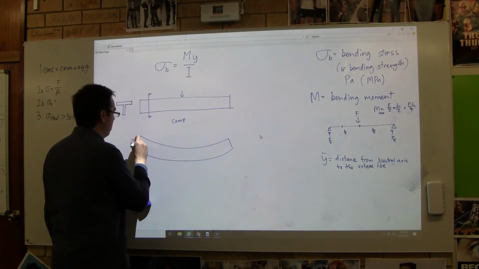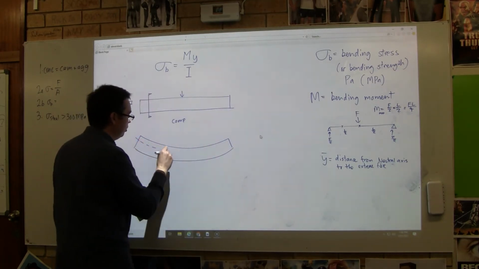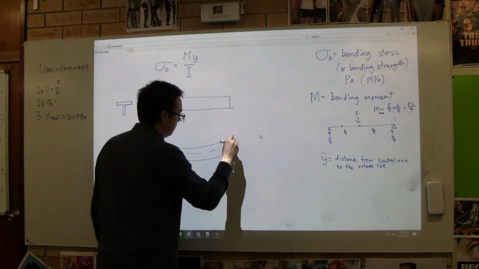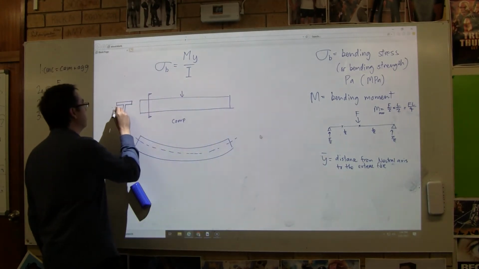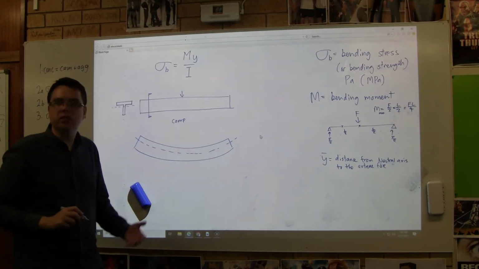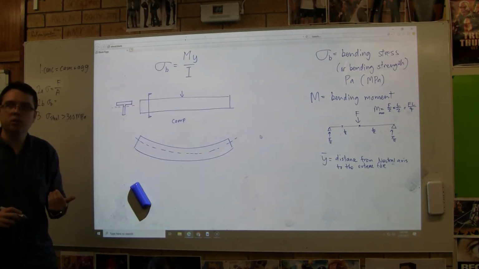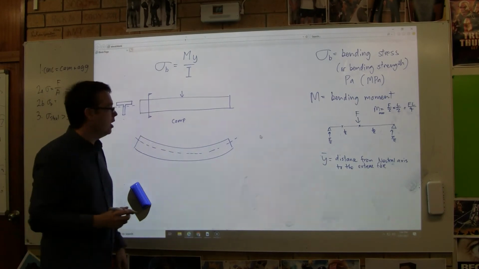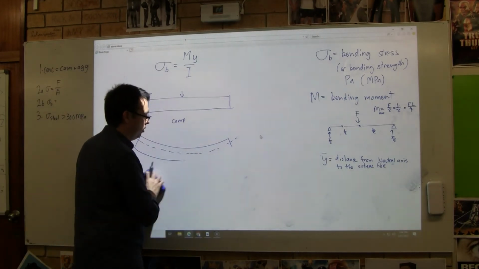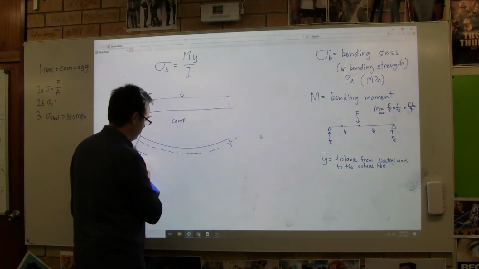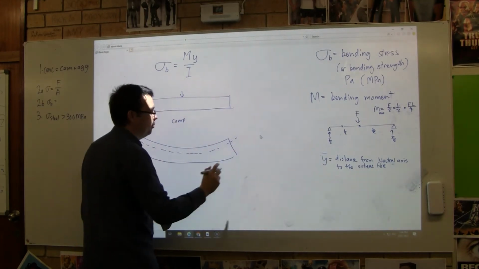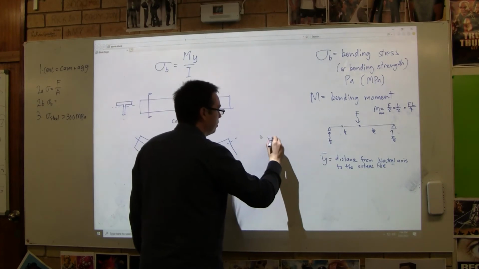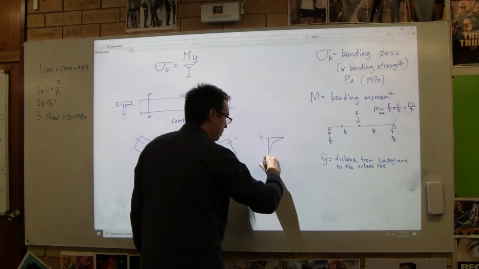Okay, but here we'll find that the neutral axis is much closer to the top. The neutral axis will be up here. And that makes sense because there's just so much stuff up the top, right? There's so much mass up the top that the neutral axis is going to be closer to the top. Okay, and so how that looks is here, it looks something like that.